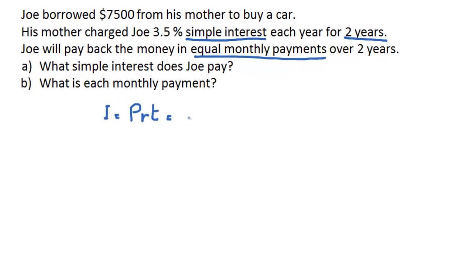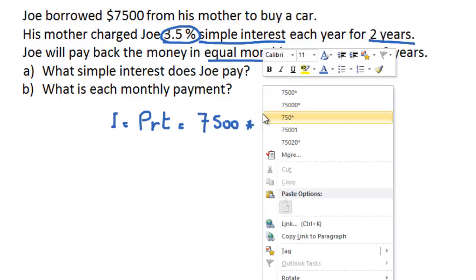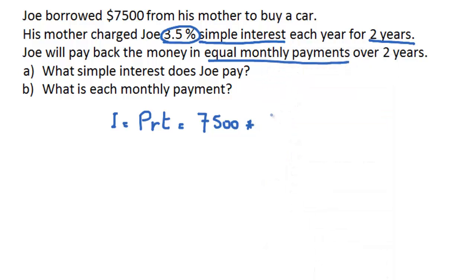The principal that he will borrow from his mom, 7,500. Excellent. Times the rate. We are saying 3.5% simple interest for each year. So don't forget, this is for 1 year, the 3.5%. Now, the 3.5, as you know, we divide by 100 because we accept it as a decimal.